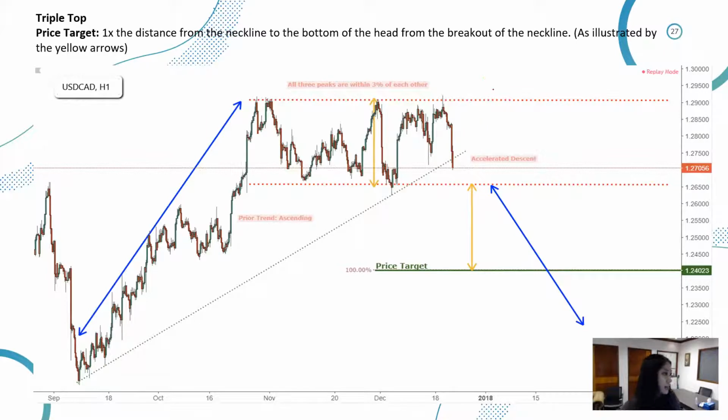Okay, how do you identify a triple top? You can see that all three peaks are within 3% of each other. And also, at first you have to spot the ascending trend lines. The ascending trend lines will be here. And you can see here it is going from the bottom to the top.